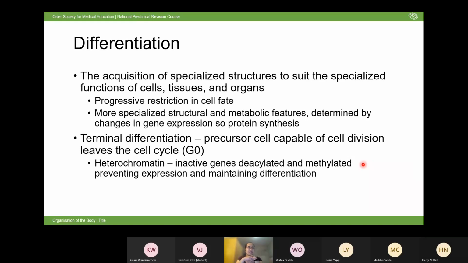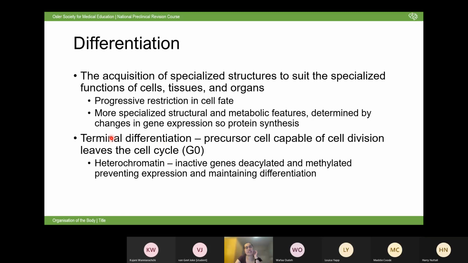And differentiation is the process by which that happens. So this involves essentially a lot of movement from euchromatin to heterochromatin, which we talked about earlier, so that only the proteins that are necessary for the structure and function of the individual cells in that tissue are being expressed, and the others are not being expressed.